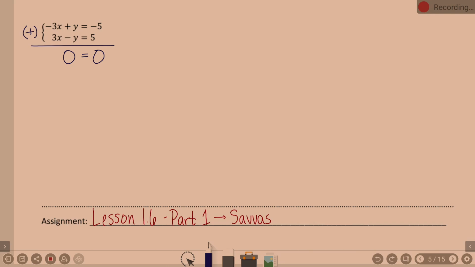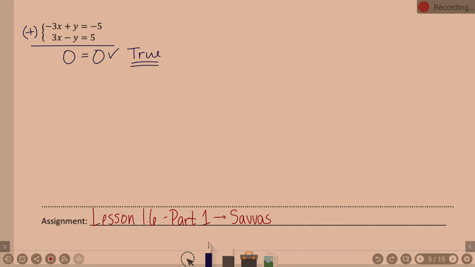Now, we talked on Friday, when your variables cancel out, there's 2 options. What do you know about 0 equals 0? That is a true statement, yes? Because my variables canceled out and I got a true statement, what's my solution? Okay, all of them? I have written in my notes infinitely many solutions.